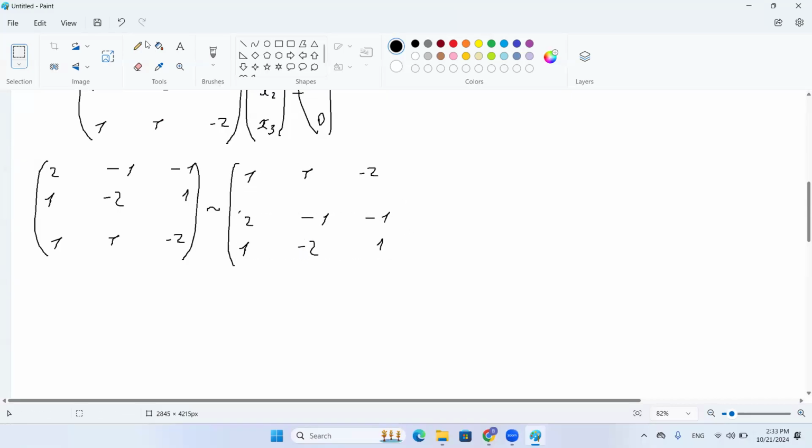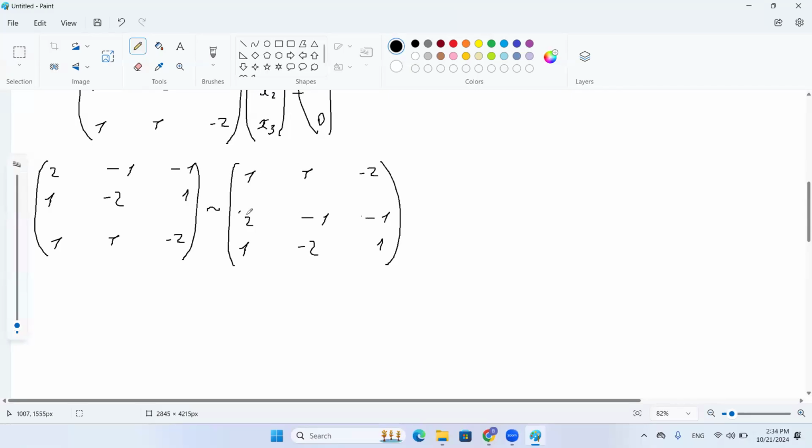After this operation, do we need to change a sign? No, we just swap equations. If you just swap the equations' order in a system of linear equations, or even non-linear, it doesn't matter, nothing changes.